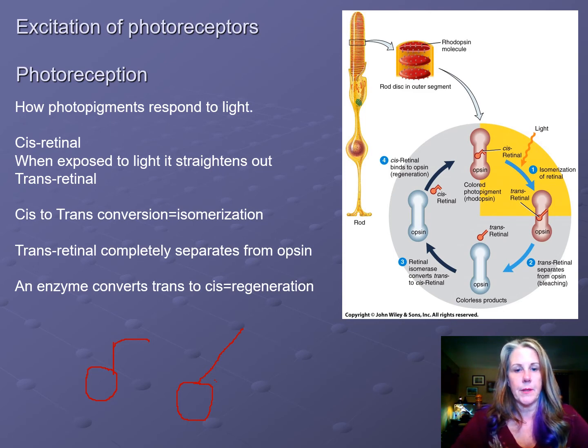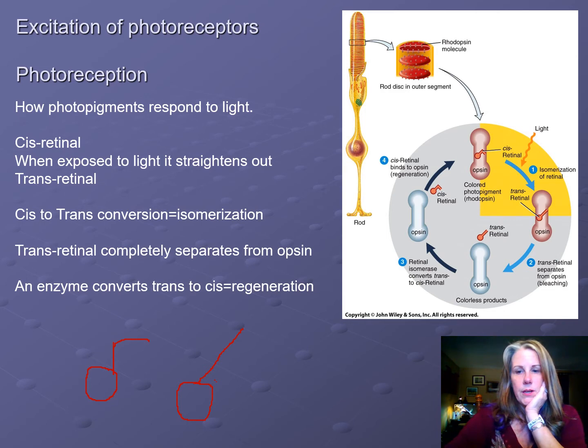That's the first thing that happens. So the light is physically changing that molecule. We get a cis to trans conversion. And we have a name for that. That is called isomerization. So isomerization is just when the cis-retinol gets transformed into trans-retinol, gets changed. It basically straightens out.